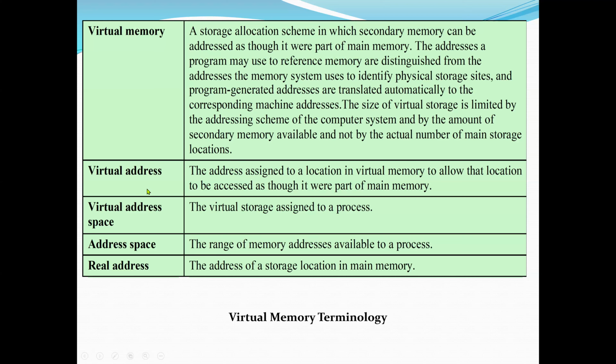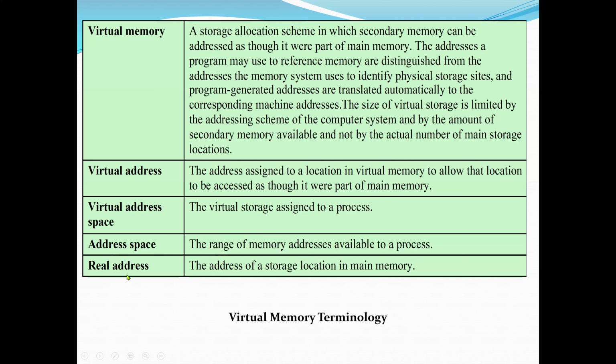Also, we have the term virtual address. The term virtual means something that does not exist, but looks or feels like it exists. So the virtual address is the address assigned to a location in virtual memory to allow that location to be accessed as though it were part of the main memory. The virtual address space is the virtual storage that is assigned to a process, and the address space is the range of memory addresses that is available to a process.